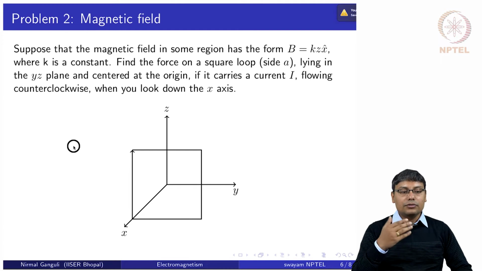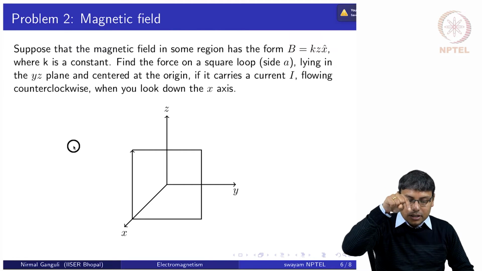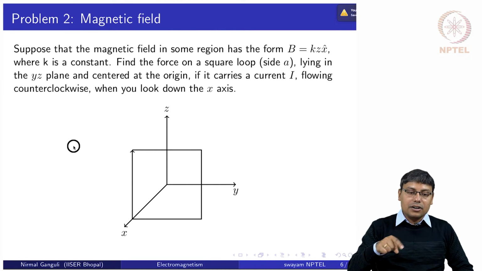It's lying on the YZ plane and centered at the origin. If it carries a current I flowing counterclockwise, then when you look down the x axis, the current is counterclockwise. Ignore the direction given in this picture.